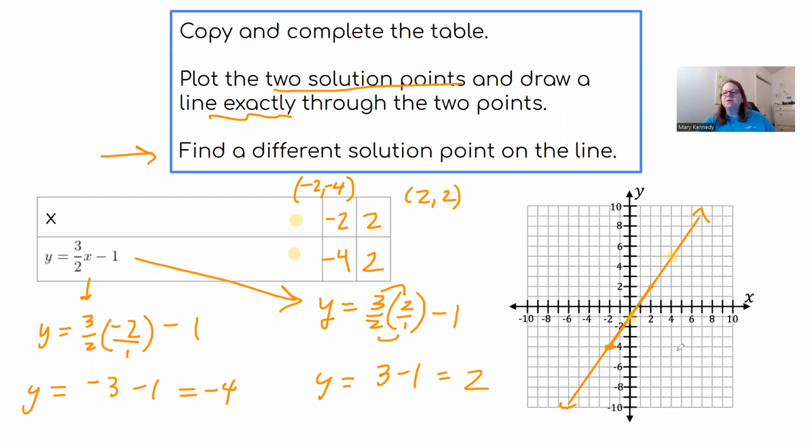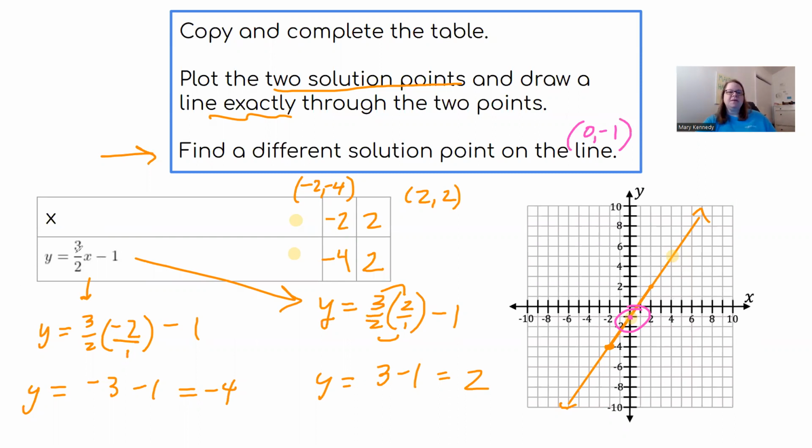This appears to be one as well. So that's something to think about. I feel the most confident about this one. And so that different solution point is at 0, -1. So that would be my third solution point.